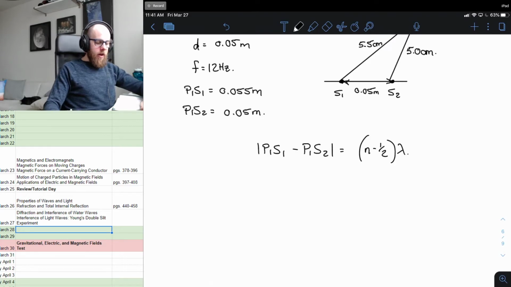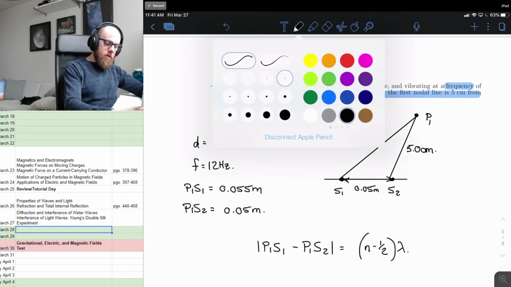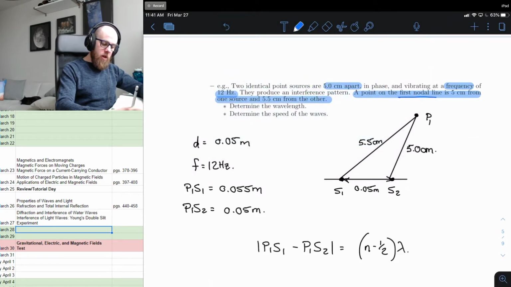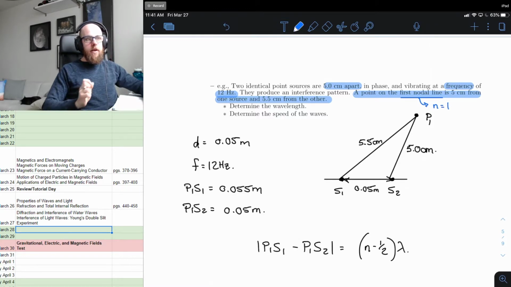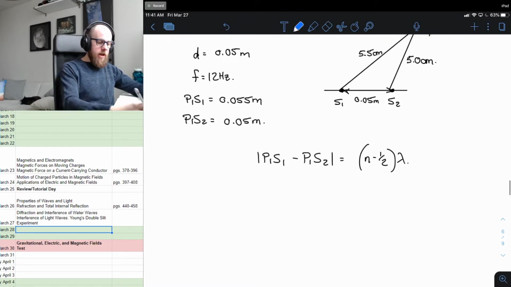I am told that this point lies along the first nodal line, so what that tells me is that n is equal to 1. Now I have everything I need to figure out what my wavelength is.